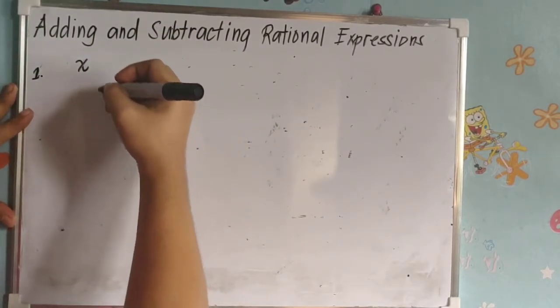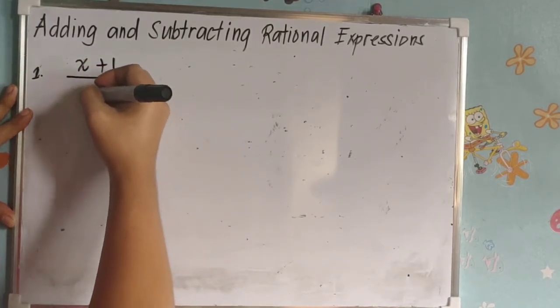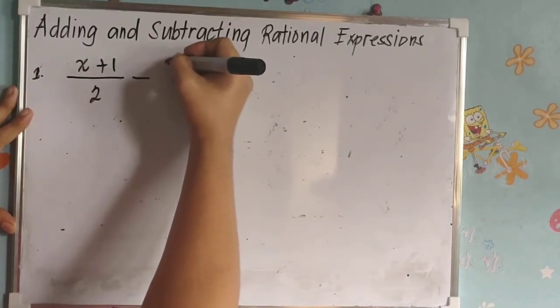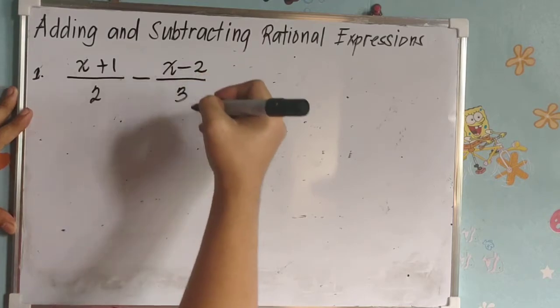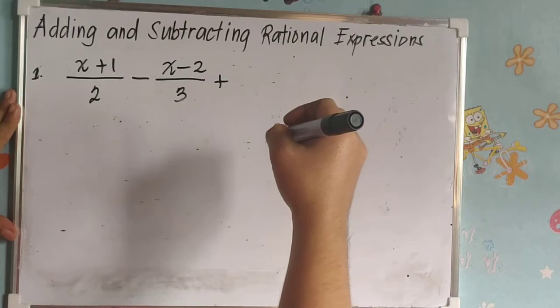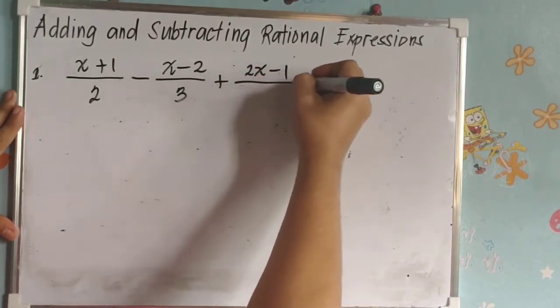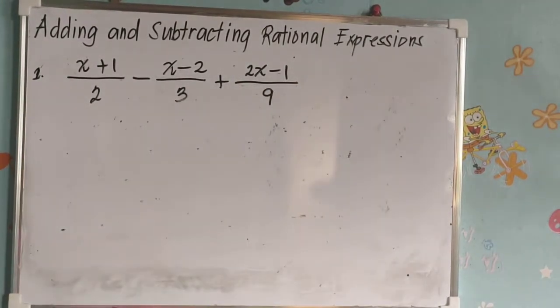So let's start with a basic one: x plus 1 all over 2 minus x minus 2 all over 3 plus 2x minus 1 all over 9.